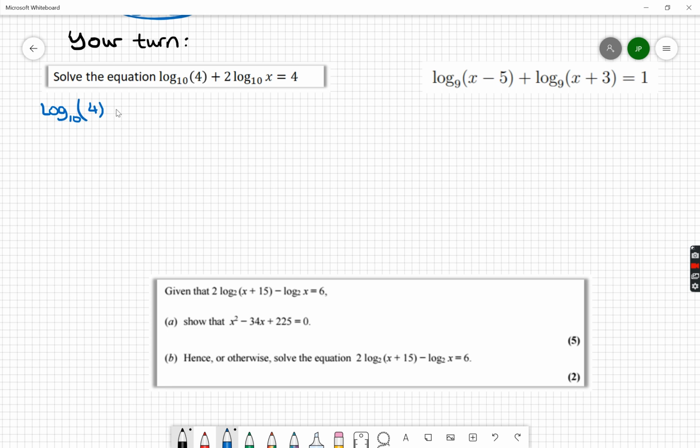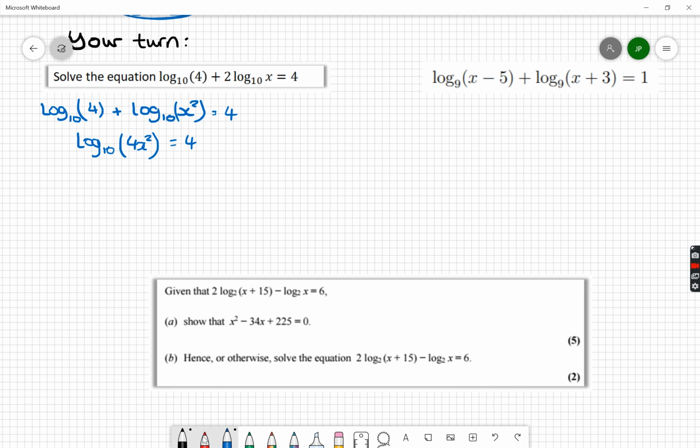This needs to become log base 10 of x squared, and that will then give us 4. Adding 2 logs like this means I can multiply the parts together. So I'll have log base 10 of 4x squared equals 4.